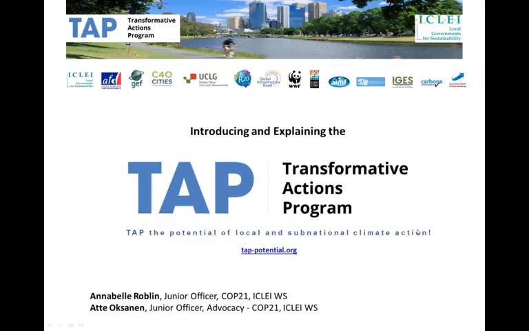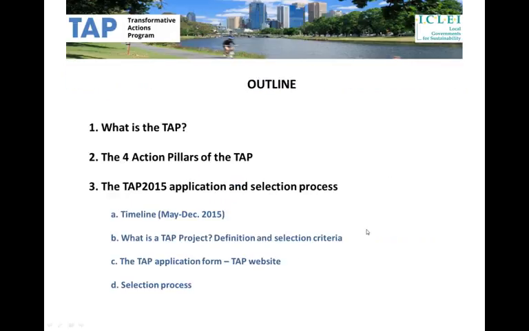As I said, there will be two parts in this webinar. First of all, a presentation, approximately 25 minutes, where we will take you through the TAP, introducing and explaining the concept of the TAP and its meaning for ICLEI's work and strategy, the content of the program, that is the 4 pillars of the TAP, and then some general information on the TAP 2015 application and selection process, that is the selection of TAP projects in the run-up to COP21 next December.